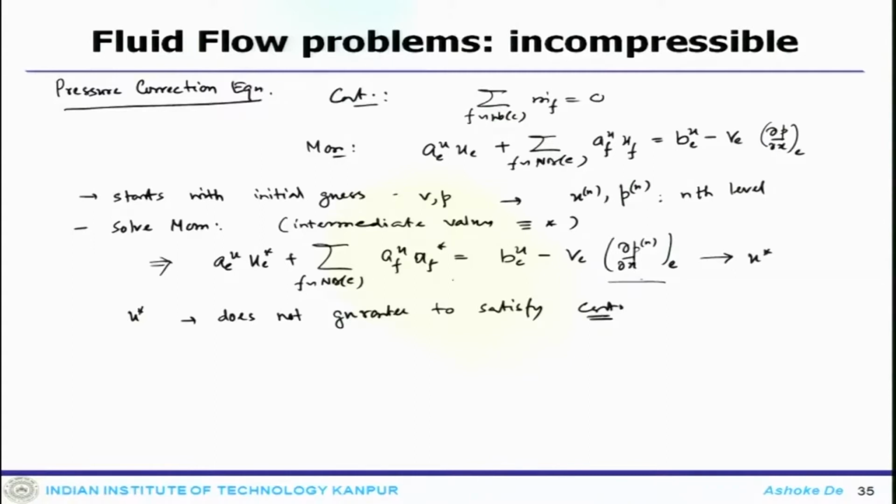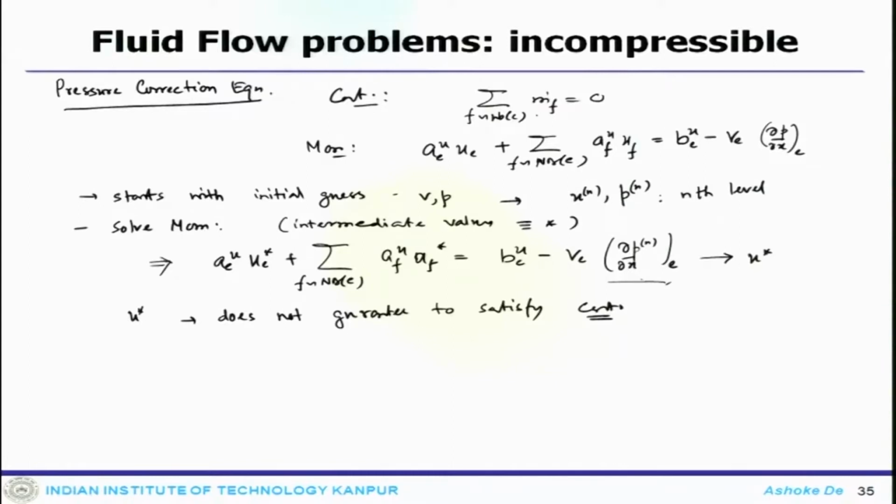It is calculated based on some guess value, using the pressure from the previous iteration. Most of the time this intermediate value u star does not satisfy the continuity equation, but for the whole system one has to satisfy both continuity and momentum.